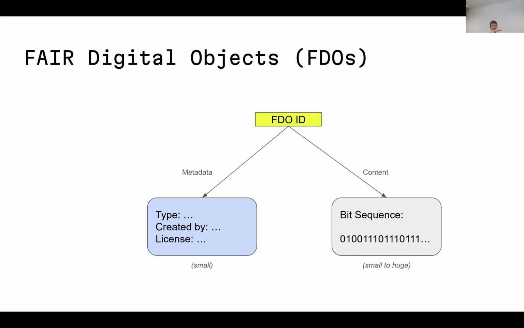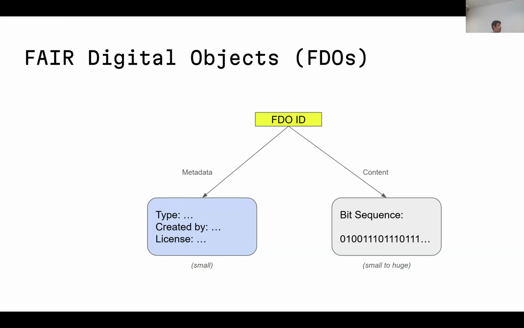First, it points to the metadata where you can find out what it is: who created it, what the license is, and some other types of metadata. But then it also needs to point to the actual content. The principle is that the metadata is always comparatively small.